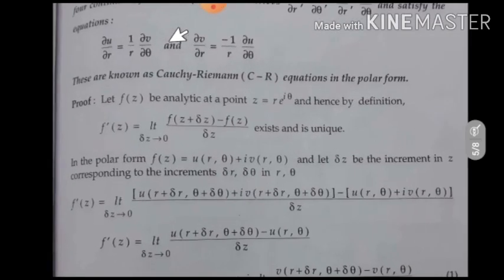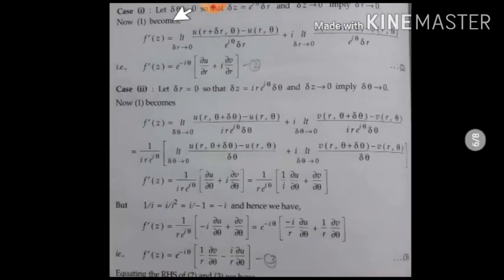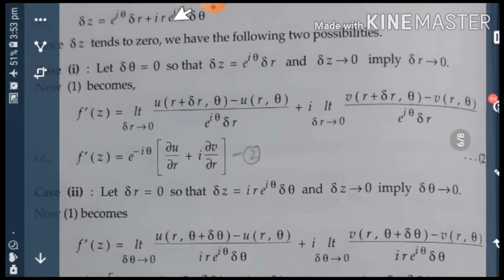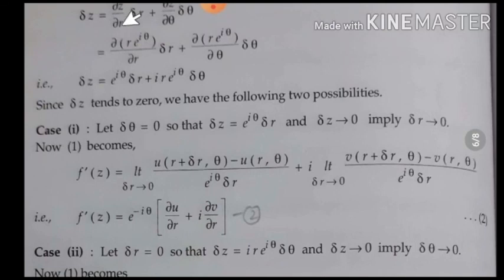So the total derivative we need to apply. z is equal to r into e to the power of i theta. The differentiation of z with respect to r is done into delta r, plus the differentiation of z with respect to theta is done into delta theta. That itself we have written here: z with respect to r into delta r plus z with respect to theta into delta theta.